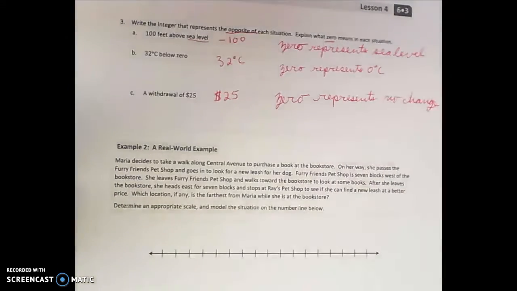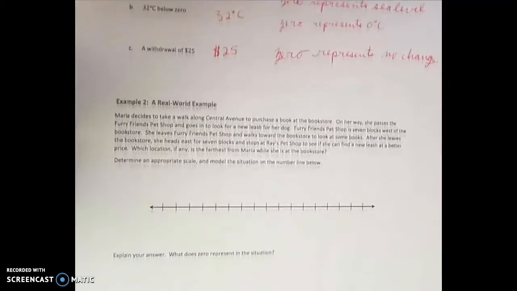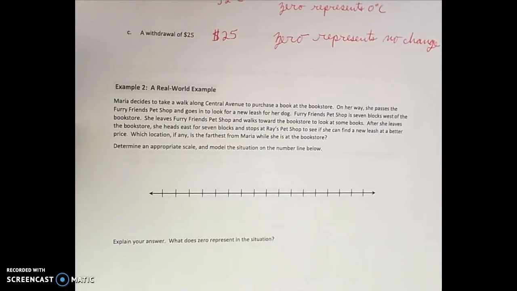So if we take a look at example 2, another real-world example. Maria decides to take a walk along Central Avenue to purchase a book at the bookstore. On her way, she passes the Furry Friends pet shop and goes in to look for a new leash for her dog. Furry Friends pet shop is 7 blocks west of the bookstore.